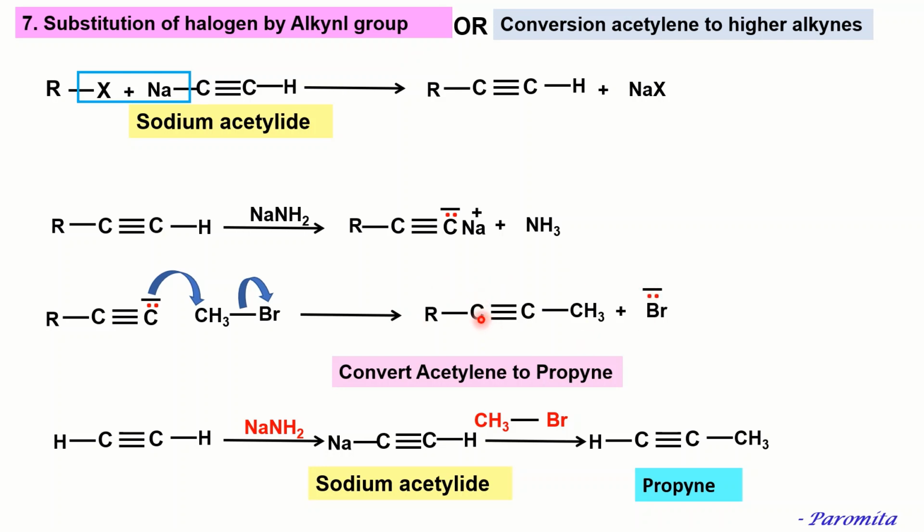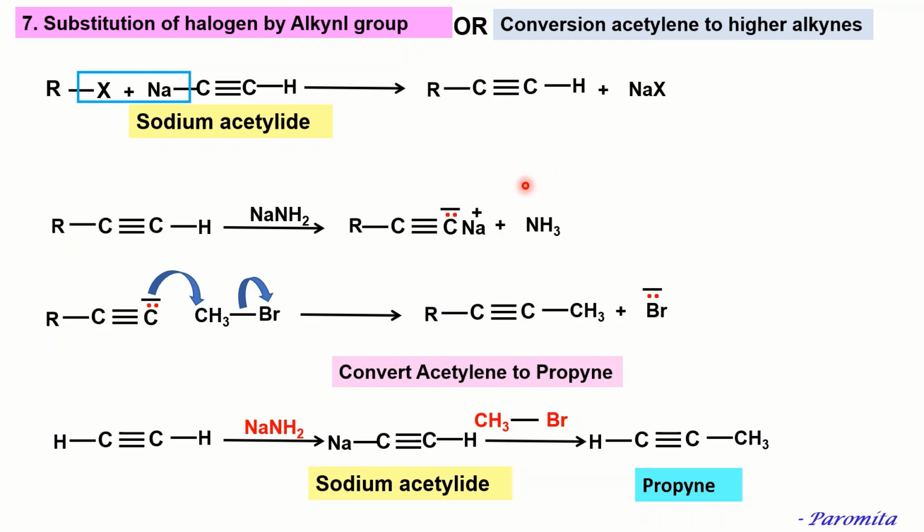So please note that if you compare this alkyne and this alkyne, this alkyne again is having one carbon more than this alkyne. So in this reaction, we are learning how to convert a lower alkyne to a higher alkyne using substitution reaction.